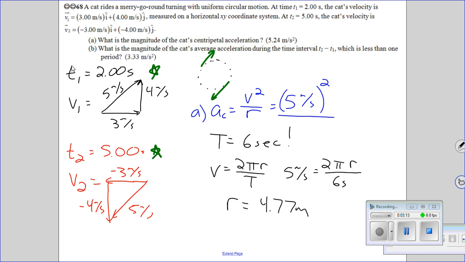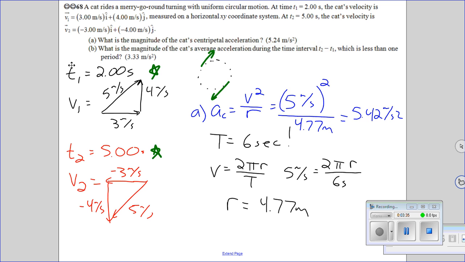Okay, and so now we can plug that into our equation up here, 4.77 meters, and find our acceleration, which does, in fact, turn out to be 5.42 meters per second squared. Okay, so that's part A.